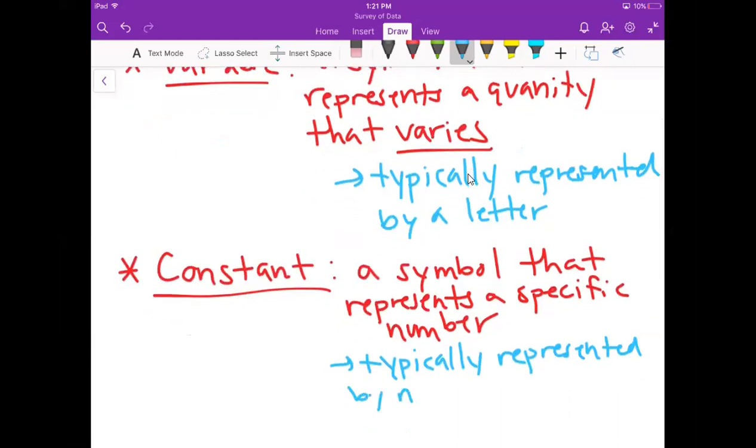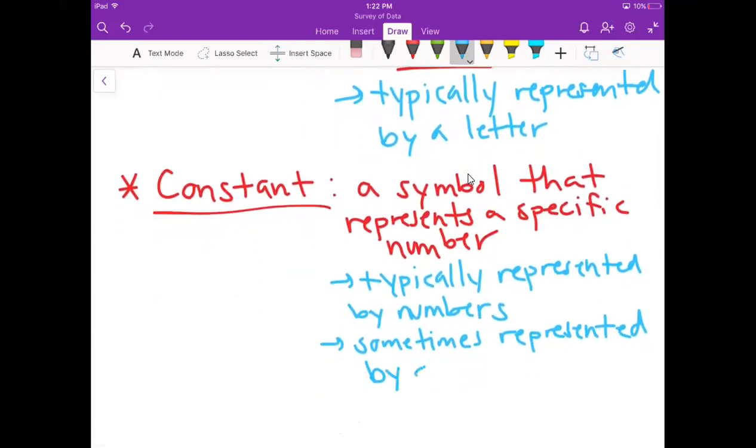by numbers. But sometimes at first we will see constants represented by a letter, and then we'll realize that in context that letter is actually always just one single number. We're going to see an example of that coming up. So even though these are typically represented by numbers, sometimes they will be represented by a letter.